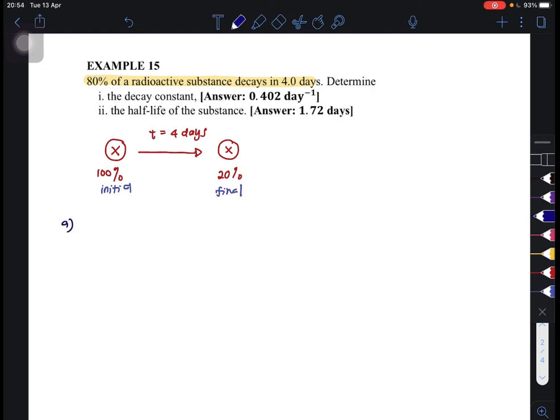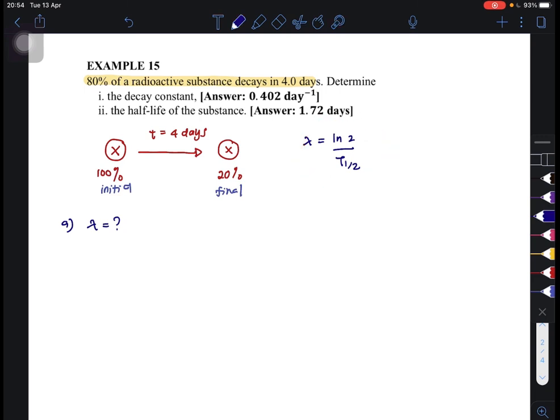Okay, so since first question, because we want to find the decay constant kan, we cannot find decay constant using this formula, di mana decay constant adalah sama dengan ln 2 over half-life, because we are not given the half-life as well, di mana kita kena carilah half-life tu. So we cannot use this formula.